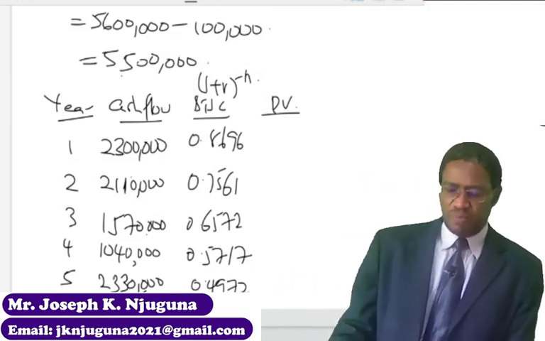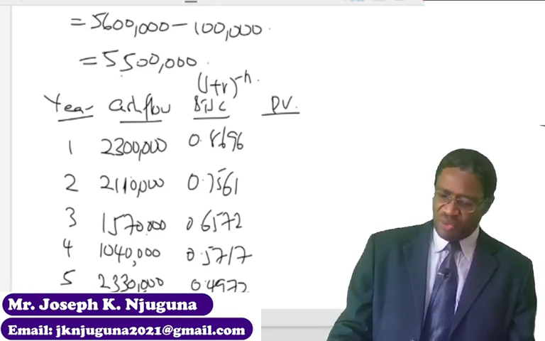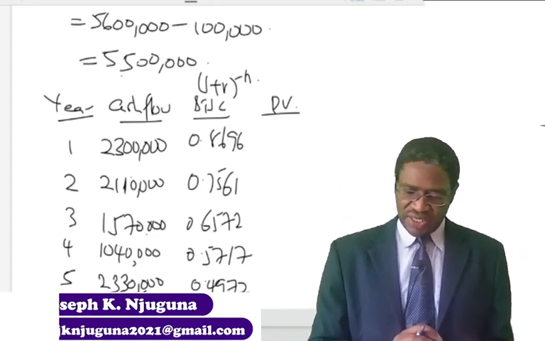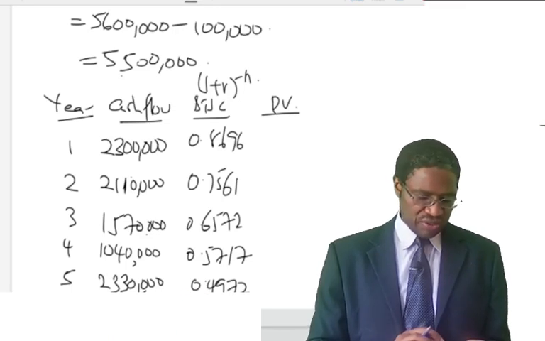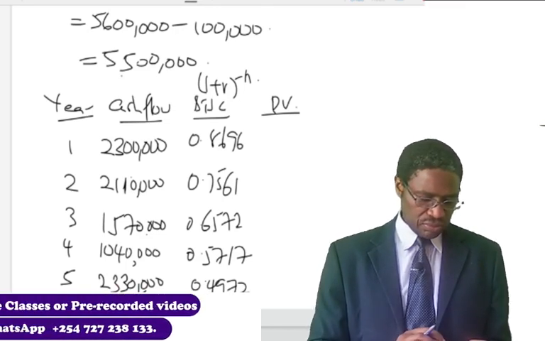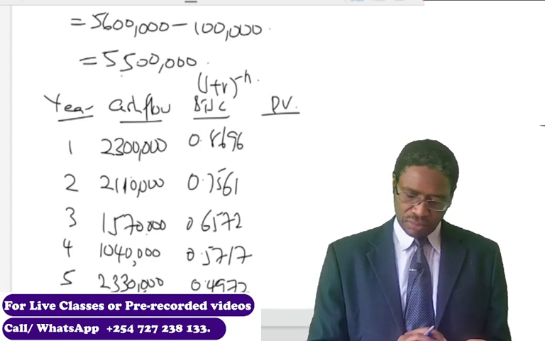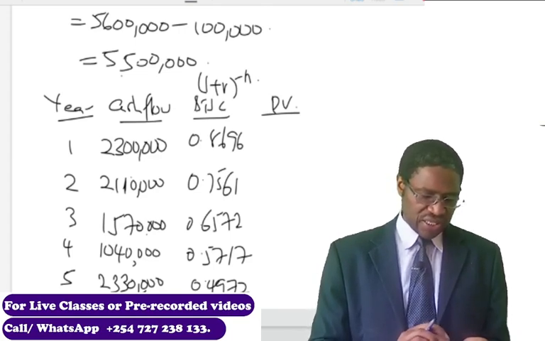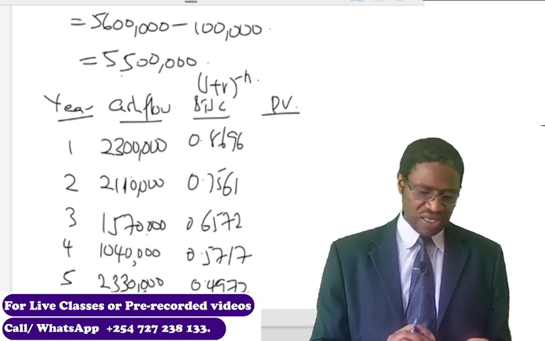From there now we get the value in use, or we get the present value. So let's multiply these figures now. I take that 2.3 million and multiply that by 0.8696. Confirm my figures.